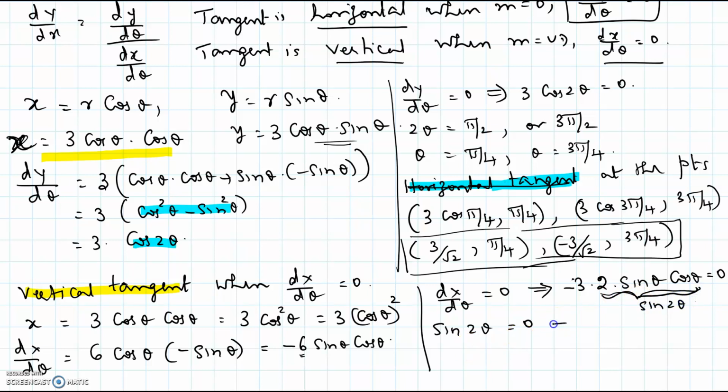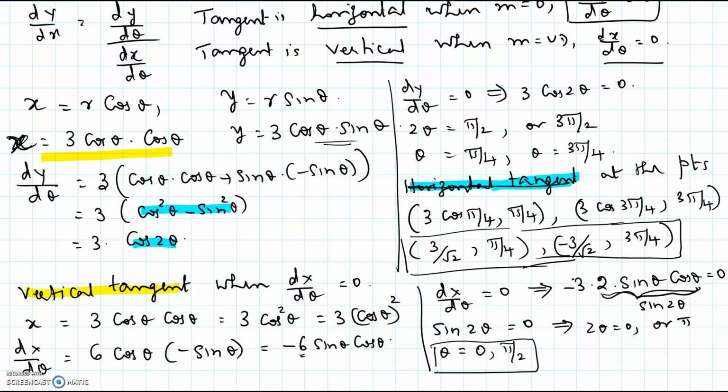Sine of 2 theta equal to 0 means 2 theta equals 0 or pi. Any other values like 2 pi, 3 pi are also true, but here we have a restriction that theta is less than pi. So 2 theta is 0 or pi, so theta equals 0 or pi by 2.